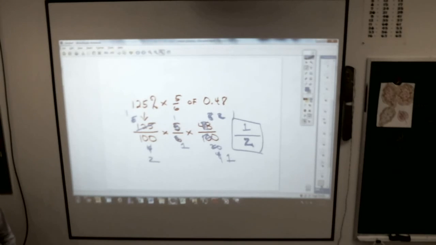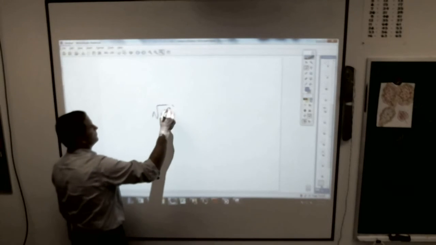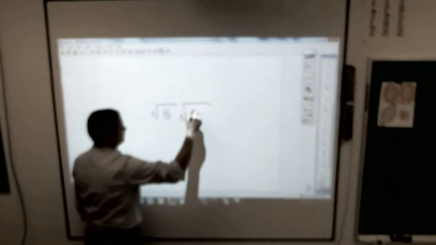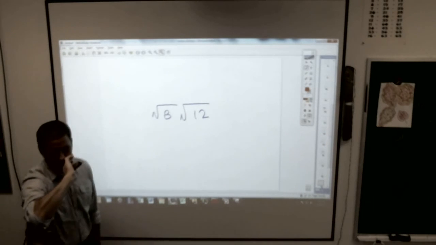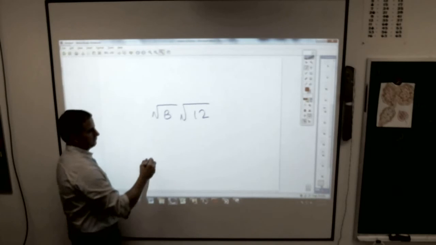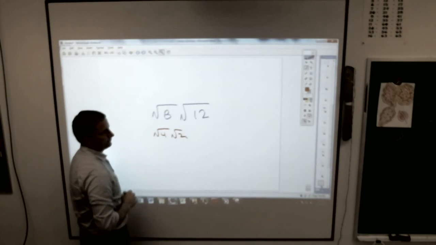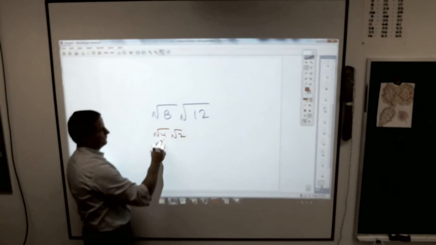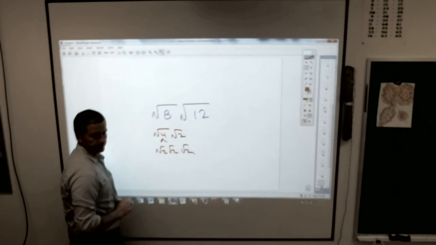Number 14. The square root of 8 times the square root of 12. What did you do, Drew, and where did we go south? What do we got? Well, for 8, I split that up into 4 times the square root of 2. Square root of 4 times square root of 2, and then what? And then split 4 into square root of 2, square root of 2. All right, so I end up with 3 square roots of 2 for 8, correct?